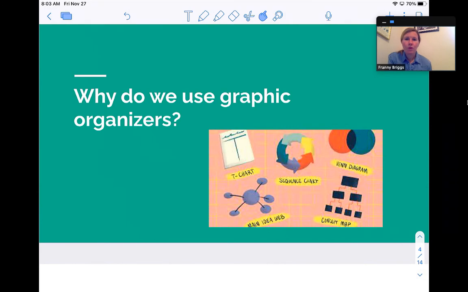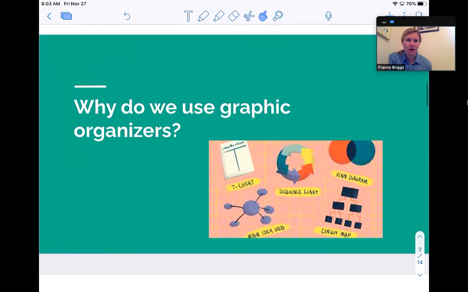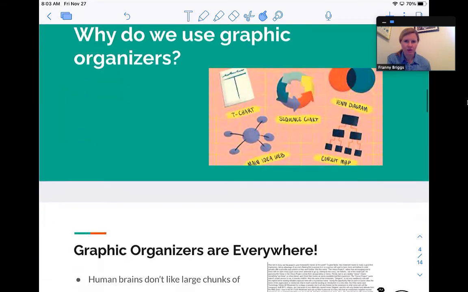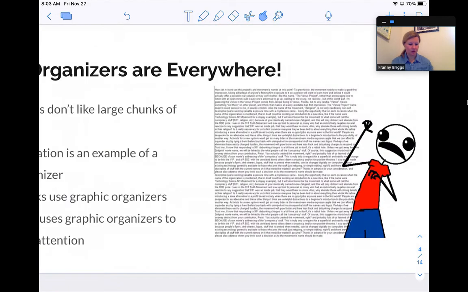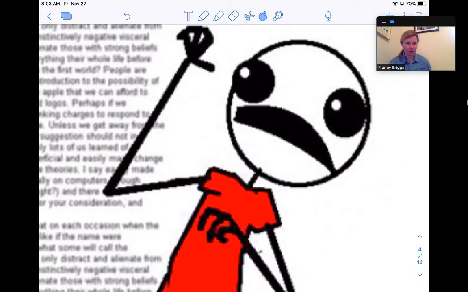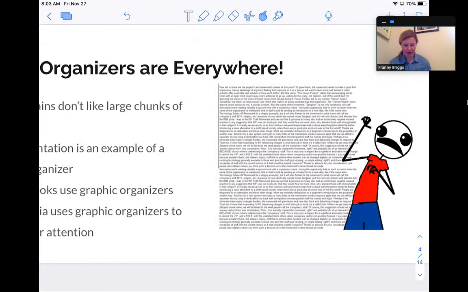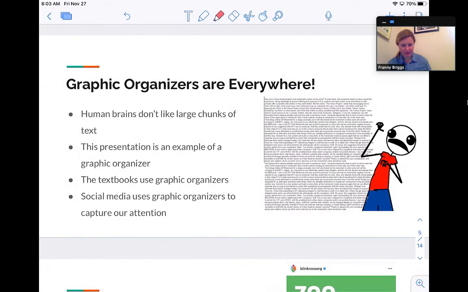So thinking, okay, graphic organizers, I'm taking information and I'm reorganizing it, but why do we do that? Well, human brains don't like large chunks of text, okay? This is how we feel when we see something that looks like this and we are expected to read it.